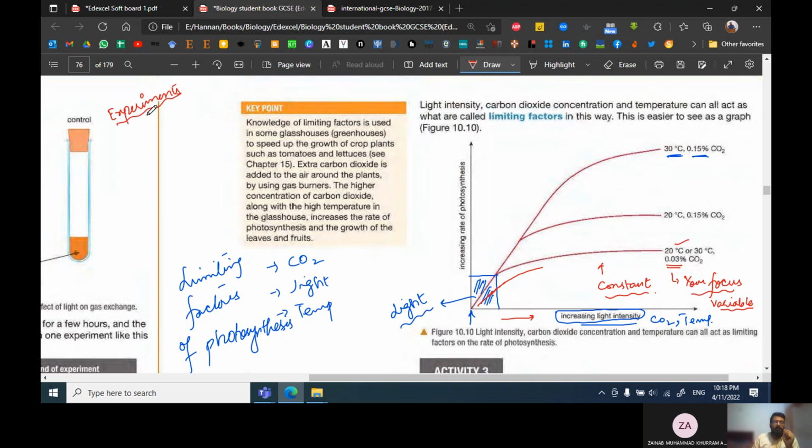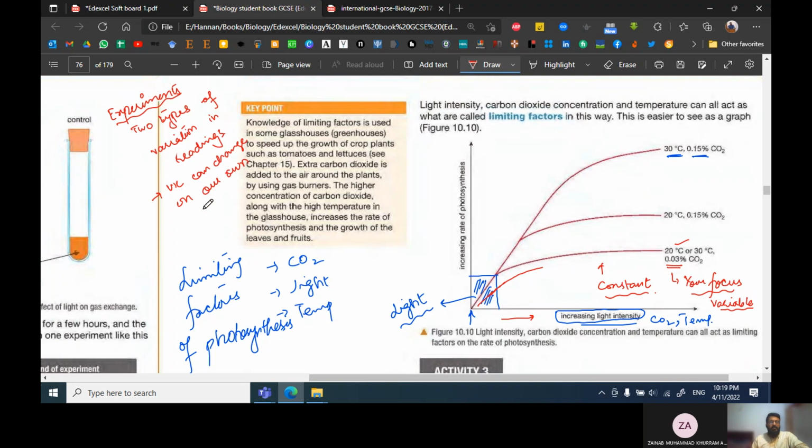In any experiment, we have two types of variations in readings. One that we can change on our own.